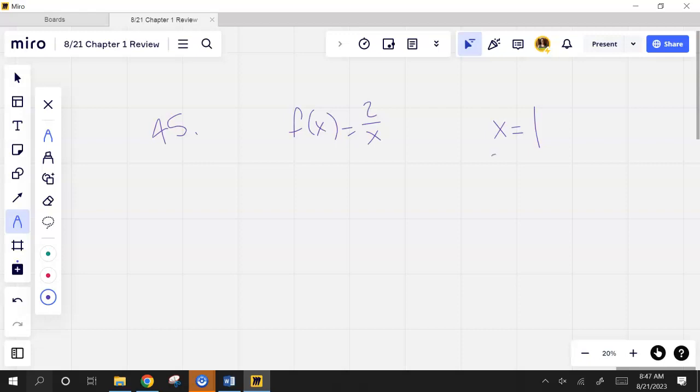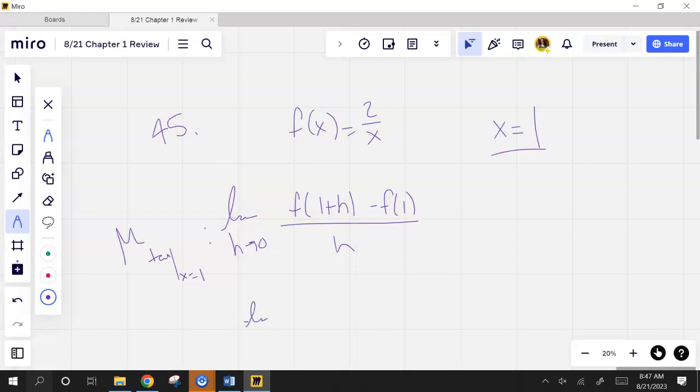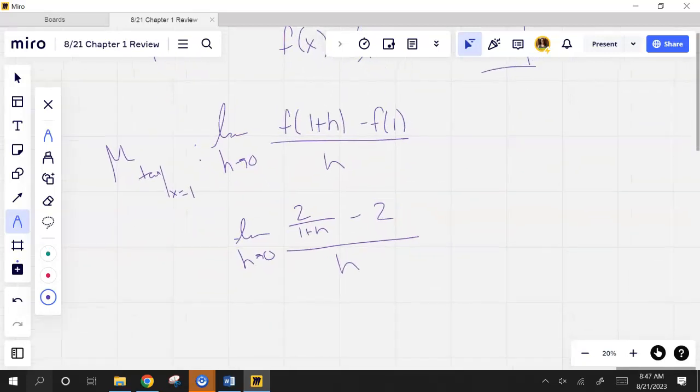So let's first find the slope of the tan line at x equals 1. To do that, that's the limit as h goes to 0 of f of 1 plus h minus f of 1 over h. This is going to give me the slope of the tan when x equals 1. And so I get the limit as h goes to 0 of, if I put in 1 plus h, if I put in 1, I need a common denominator.